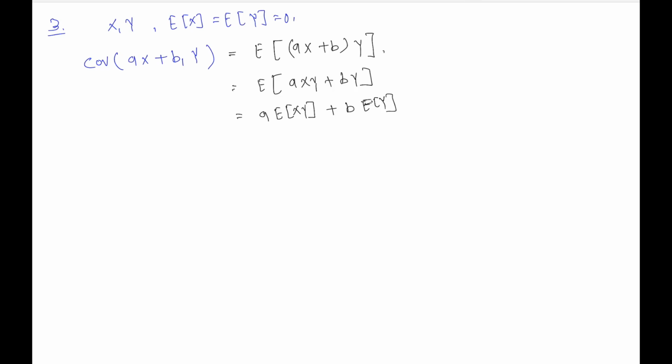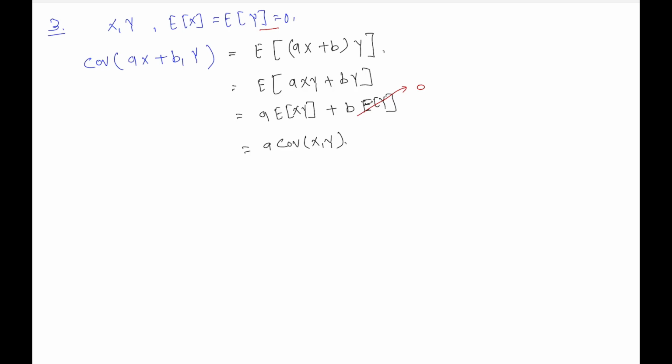And since the expected value of y is 0, this will be 0, and overall we will have a times, and if you recognize, this is nothing but the covariance of random variables x and y, right?